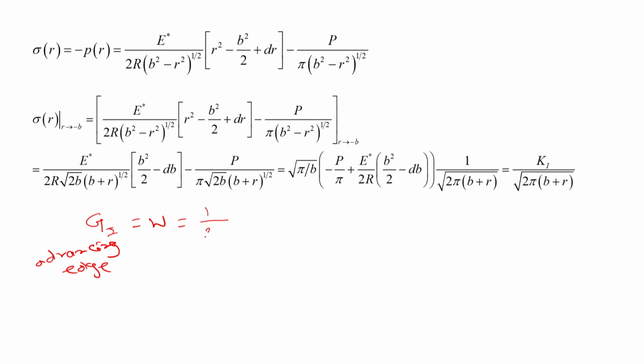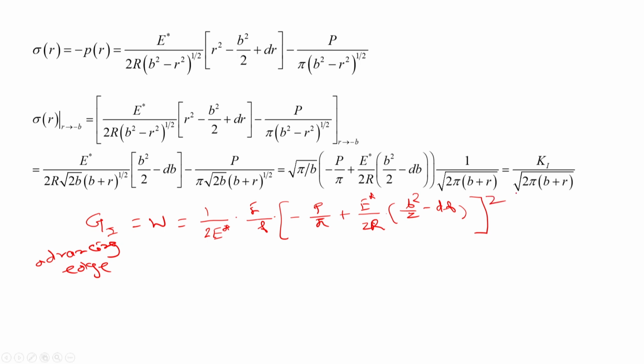So, k I square will be pi by b, and here it is minus p by pi plus E star by 2 r and b square by 2 minus d b, all squared.